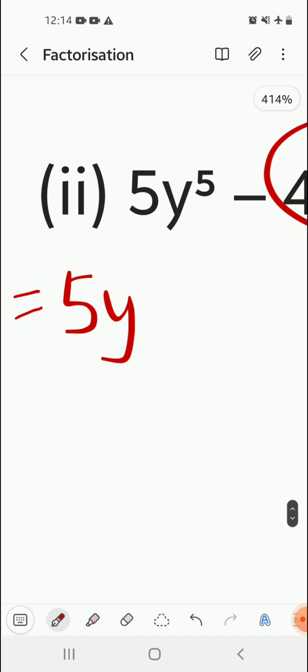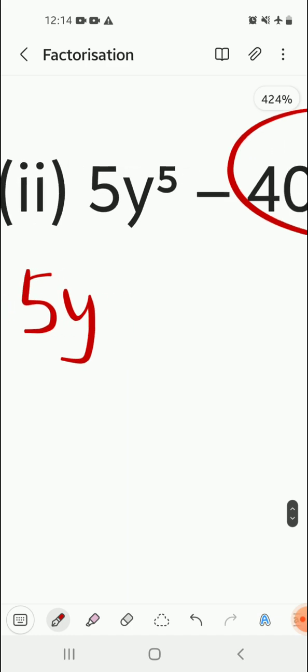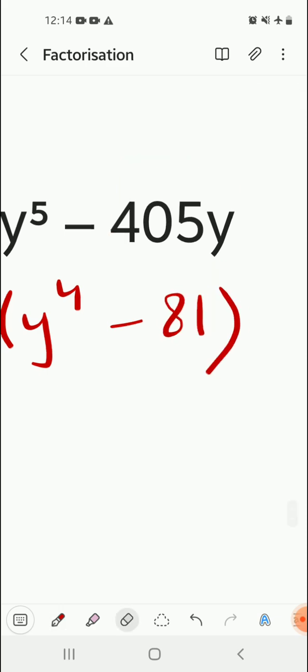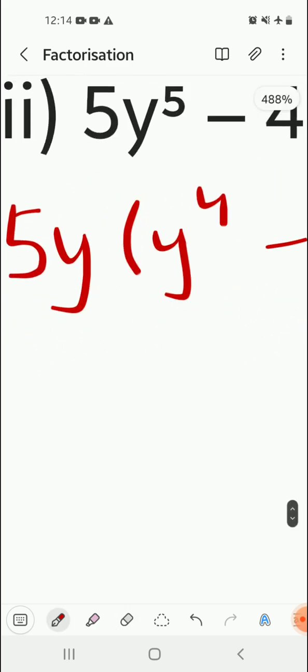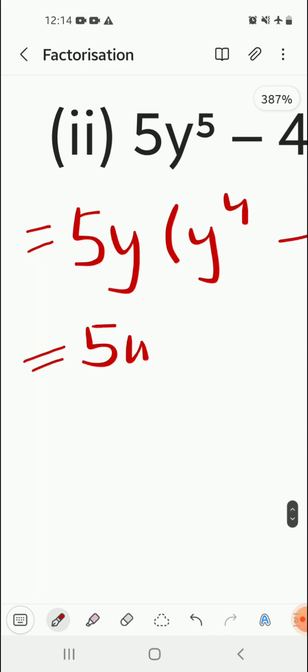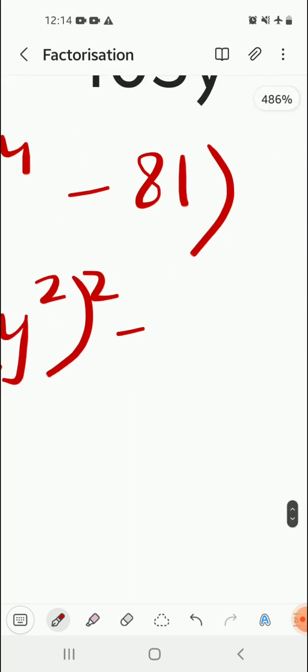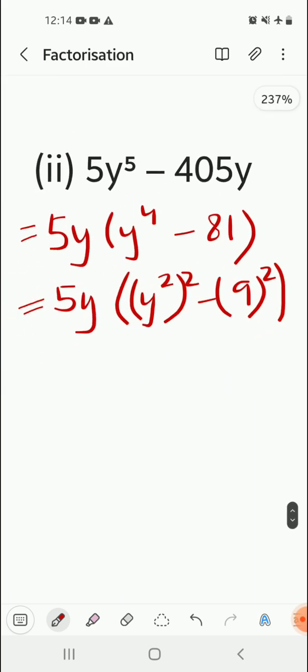So over here, 5y is common. So we are left with y to the power 4 minus 81. Now we are going to solve it. Here, this can be written as 5y and this as (y square) whole square minus 9 whole square.